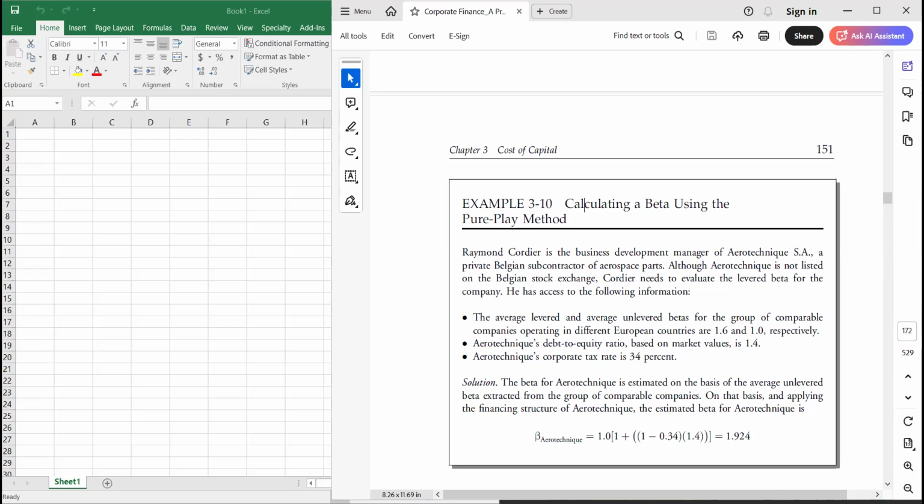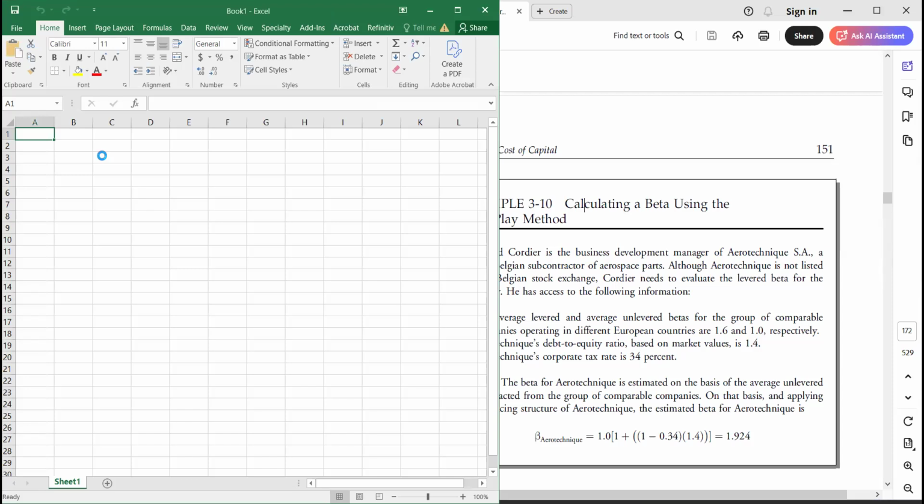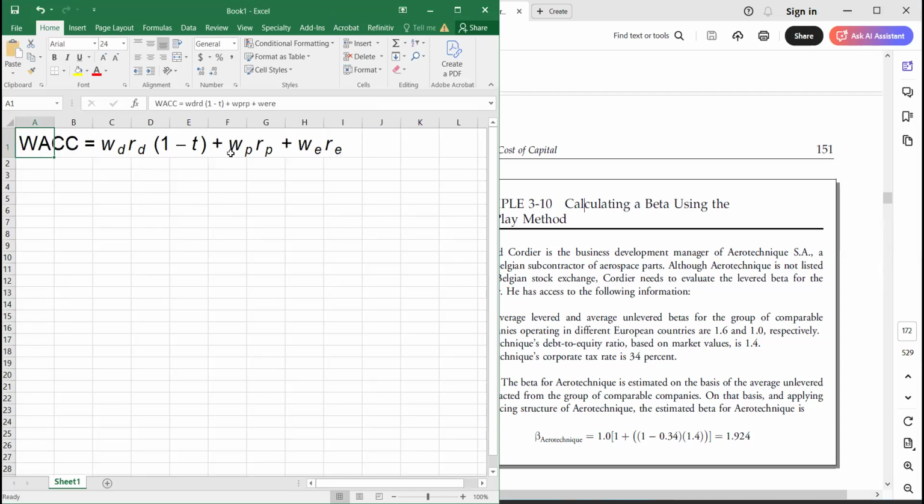First you need to calculate the debt side, then you calculate the equity side, then you add them all. Okay, now this is the formula that we will be using.